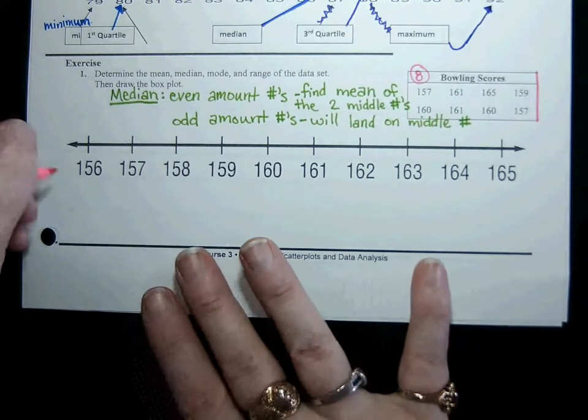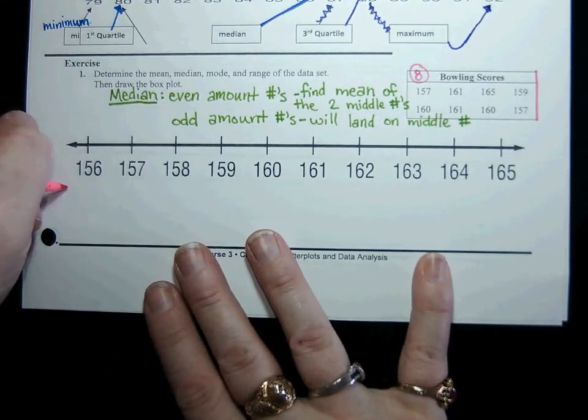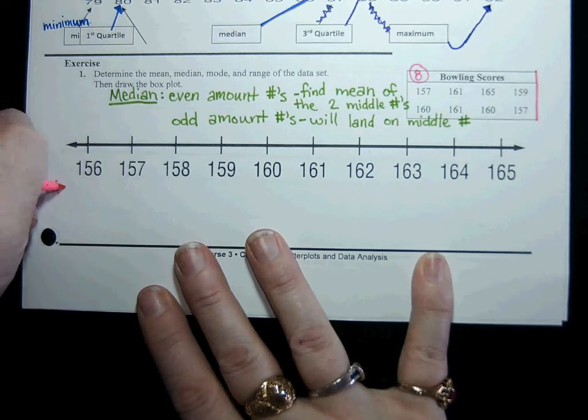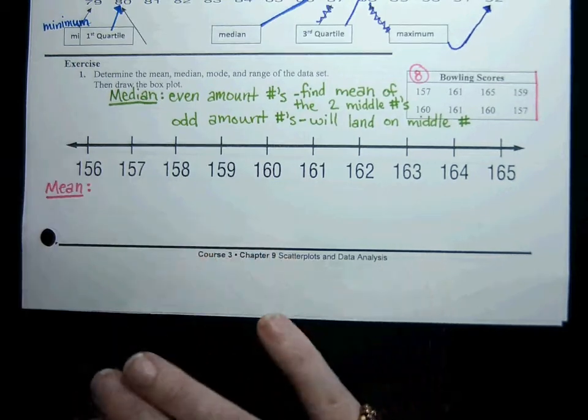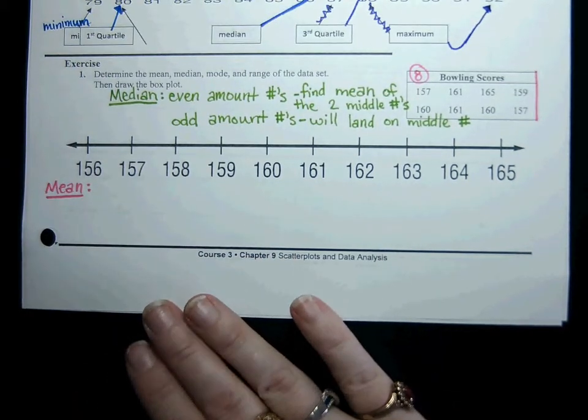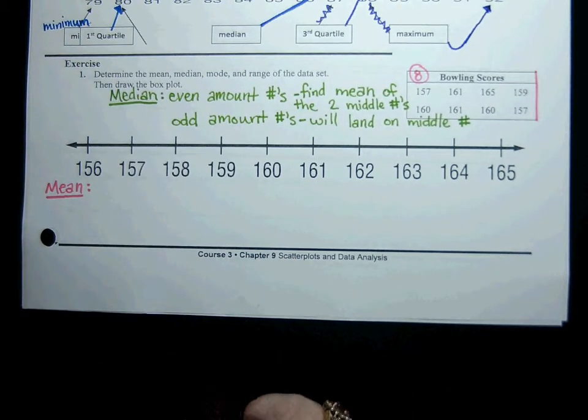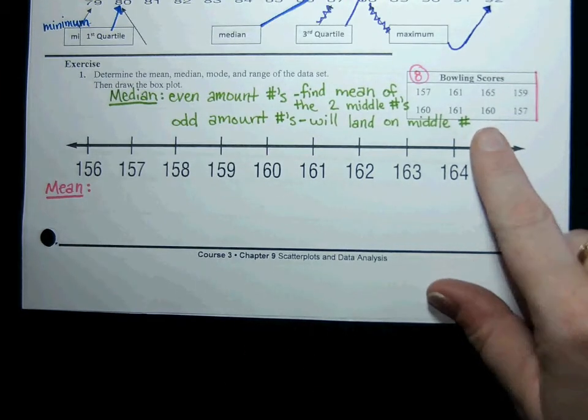All right, so your mean. To find the mean, you want to order them from least to greatest because that'll help you with everything else. And so what is my smallest number of this data set?